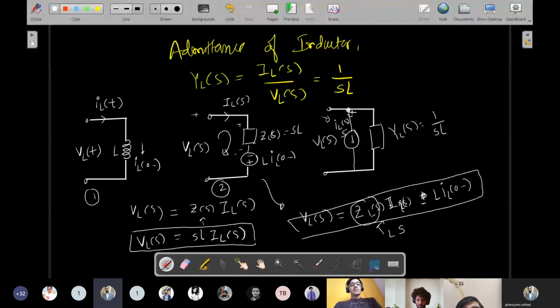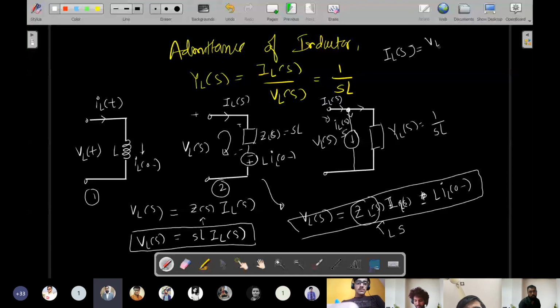This equation can be written as the current going this way, which can be divided into these two parts. This is nothing but I of S. That can be written as I_L of S equal to V by R, V is nothing but V_L, this is admittance, so its reverse is SL, right? That is Z of L, that can be written as SL.